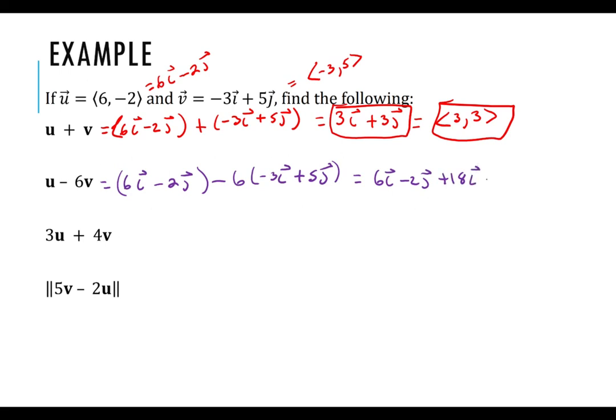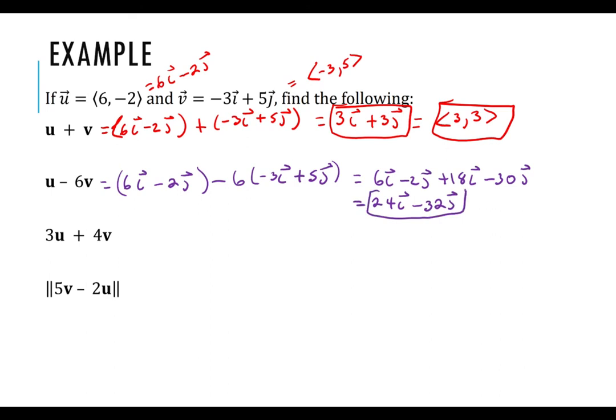Negative 6 times positive 5 is negative 30j hat. Then we get 6i plus 18i, or 24i, minus 2j minus 30j, that's negative 32j.